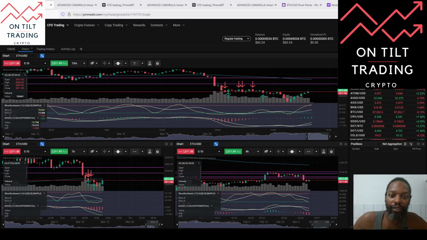We can see we're in oversold conditions pretty much throughout where I was taking entries. We can see the increasing seller momentum with the MACD below the average, and again price action under the 200 EMA. And then I was able to take profits at this level down here.